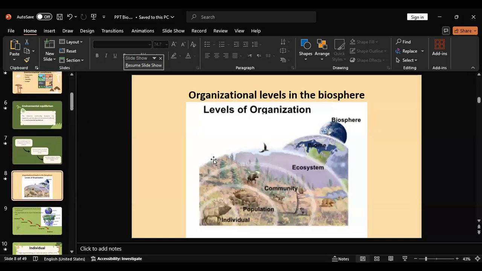The organizational level in the biosphere. When we talk about the biosphere, there are different organizational levels, starting from the individual.